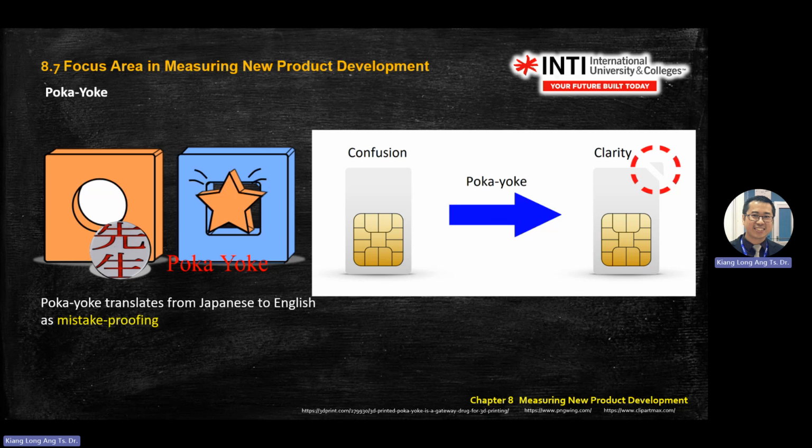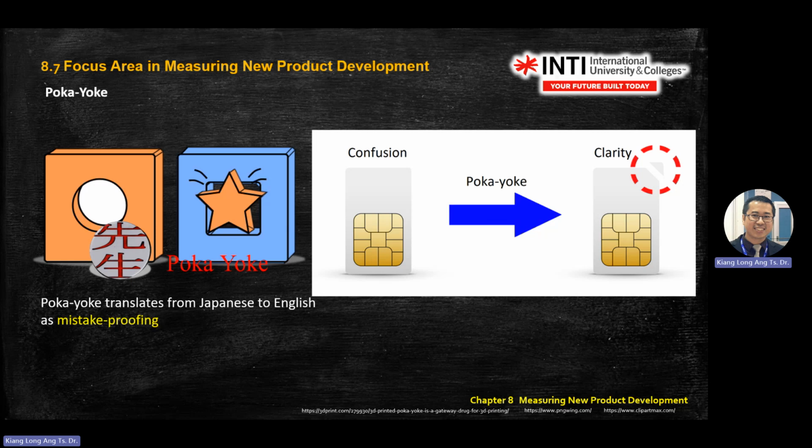Have you heard about Poka-yoke? Go, no go? It's a very common approach in manufacturing lines or nowadays design. Poka-yoke means you prevent mistakes, or you prevent stupid mistakes.